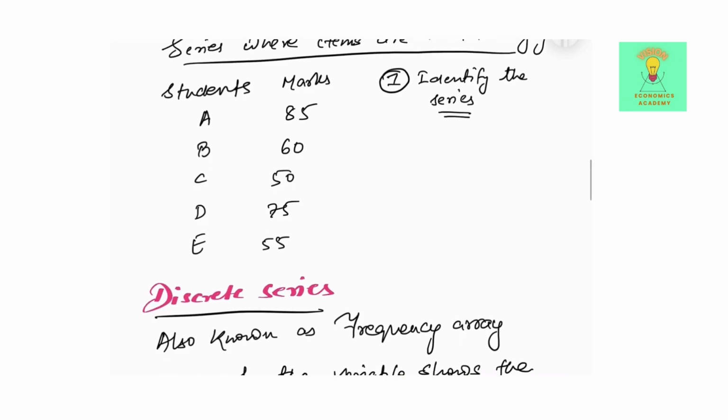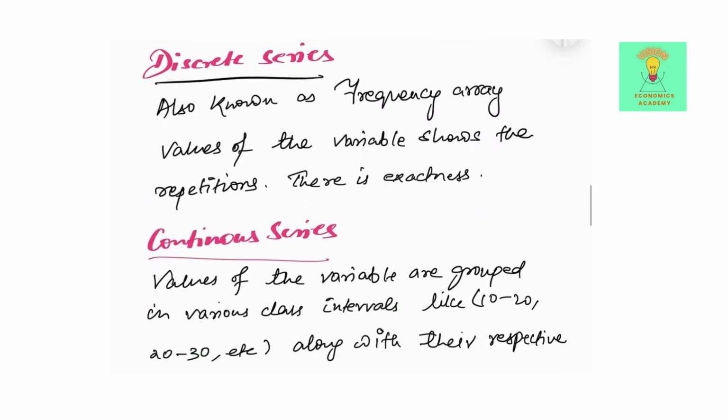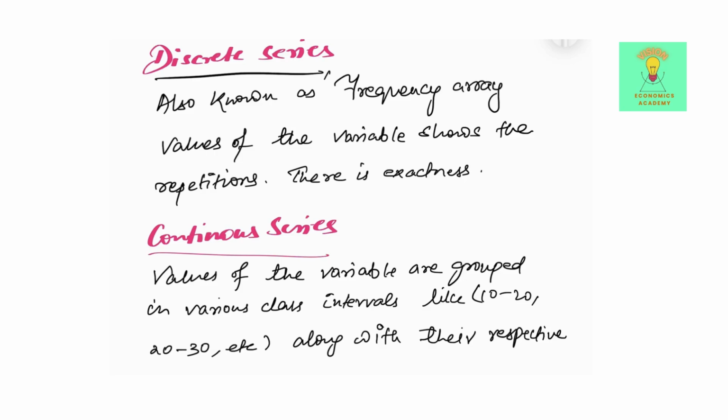That is the individual series. Suppose there are 5 students, and the marks scored by 5 students are as follows: A 85, B 60, C 50, D 75, E 55. So this particular series is the individual series. Now the discrete series, also known as frequency array, is the values of variables that show repetitions.